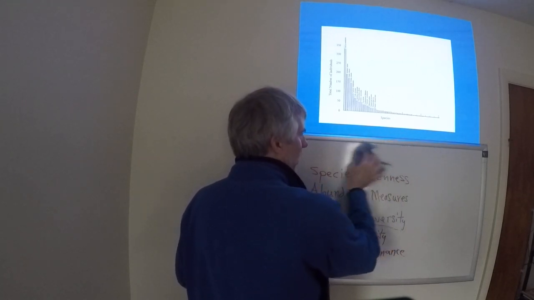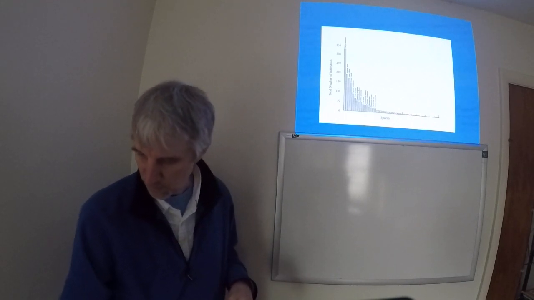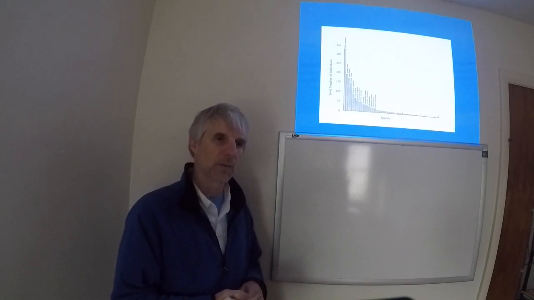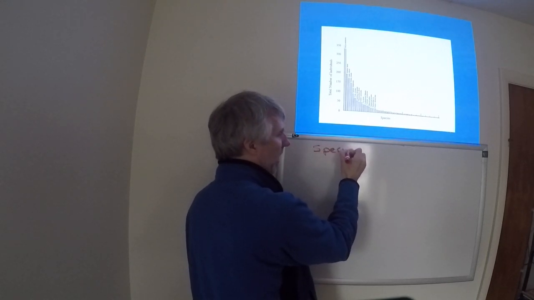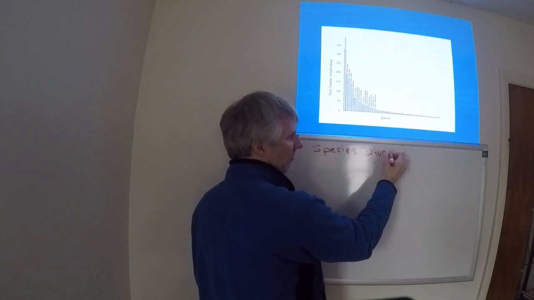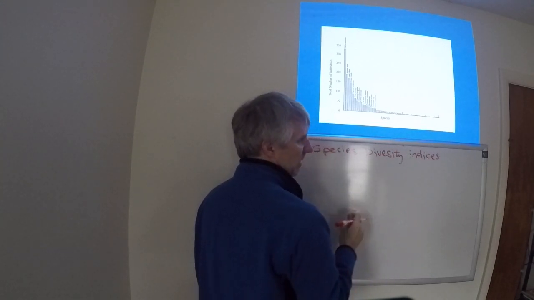Okay? Now, like everything else in ecology, there are 50 different ways to do exactly the same thing. So there are lots of species diversity indices.